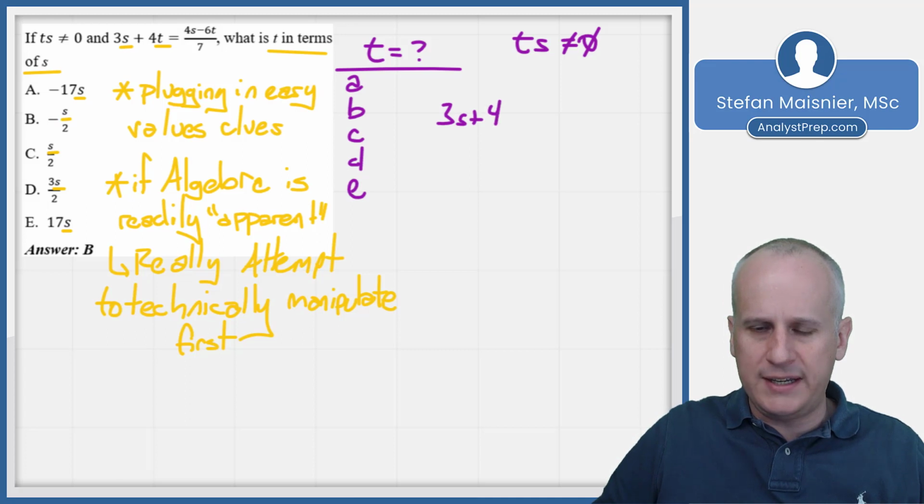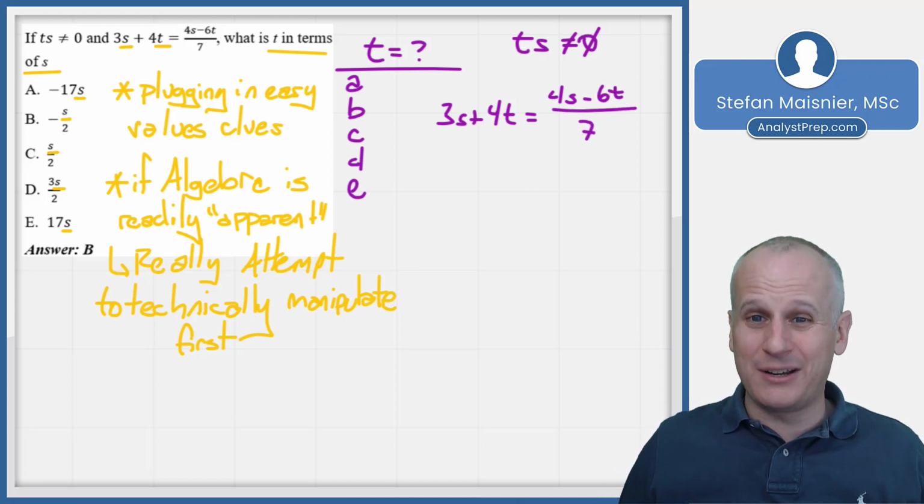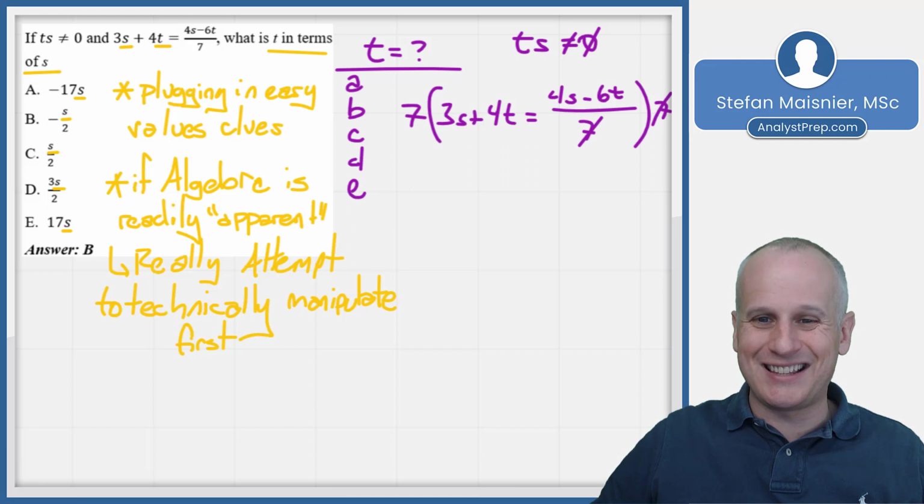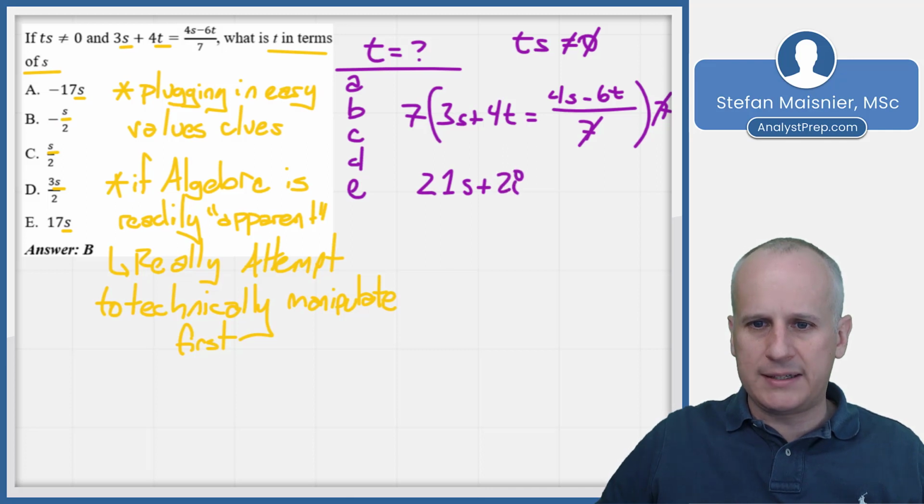We've got 3S plus 4T is equal to 4S minus 6T, all over 7. We remember, we want to get rid of the fraction first. So if we multiply the whole thing by 7 on each side, the right-hand side cancels out the 7s, and on the left side we just have to distribute the 7. We get 21S plus 28T is now equal to 4S minus 6T.